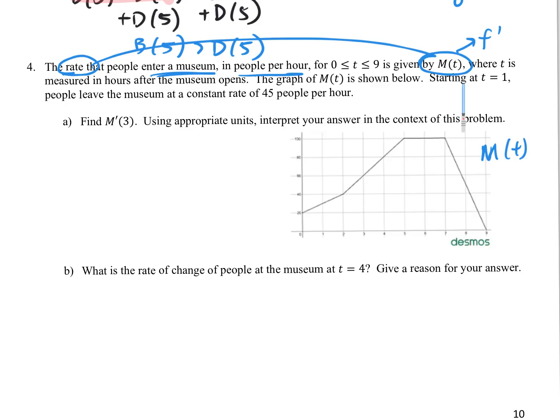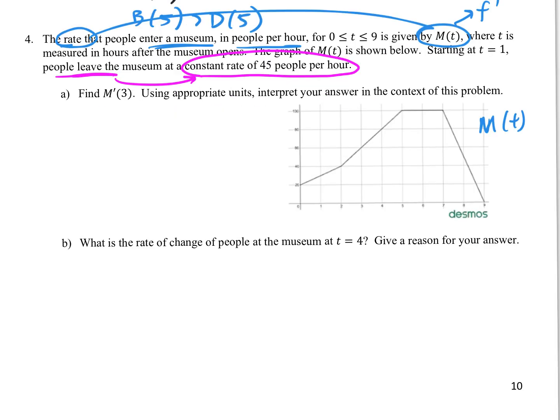Then starting at 1 hour after it opens, T equals 0 to 9, people start leaving the museum at a constant rate of 45 people per hour. Leaving the museum at a constant rate. Find M prime of 3.